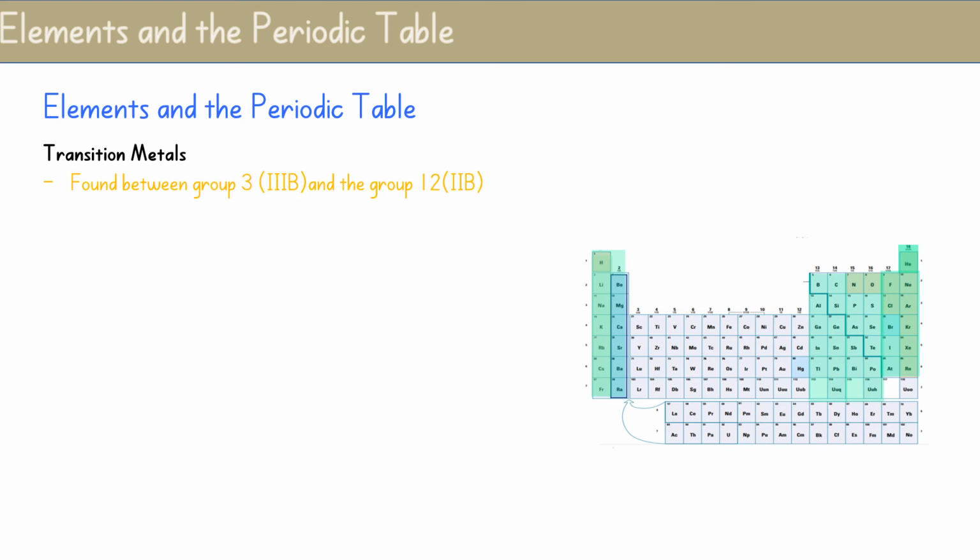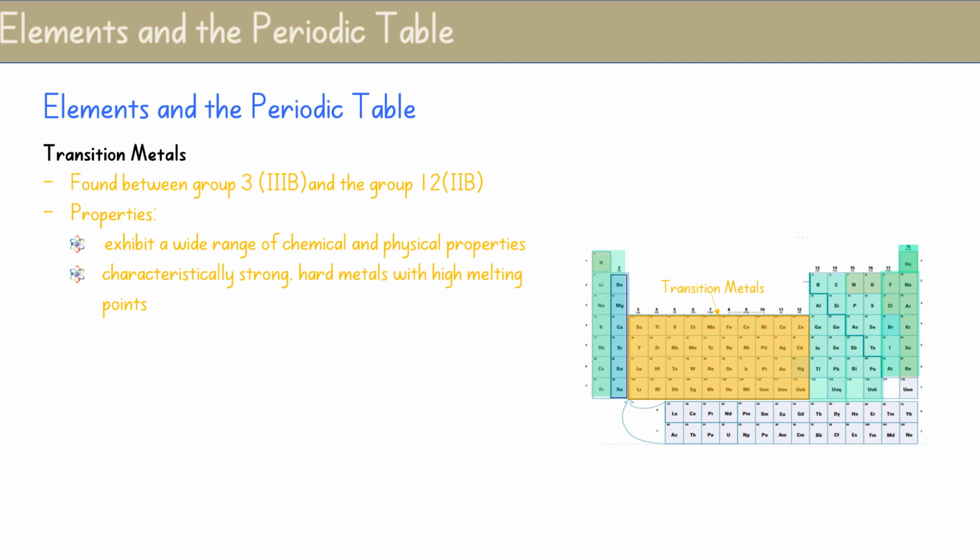Okay, now we have the transition metals. Here's our periodic table. Transition metals are found between group 3, also shown as IIIB in Roman numerals, and group 12, shown as IIB in Roman numerals. Properties. They exhibit a wide range of chemical and physical properties. They're characteristically strong, hard metals with high melting points.